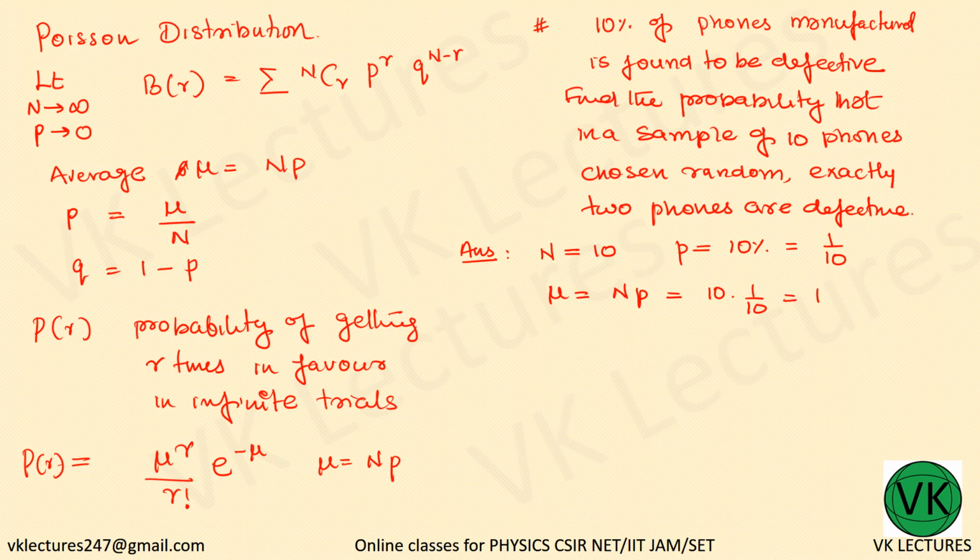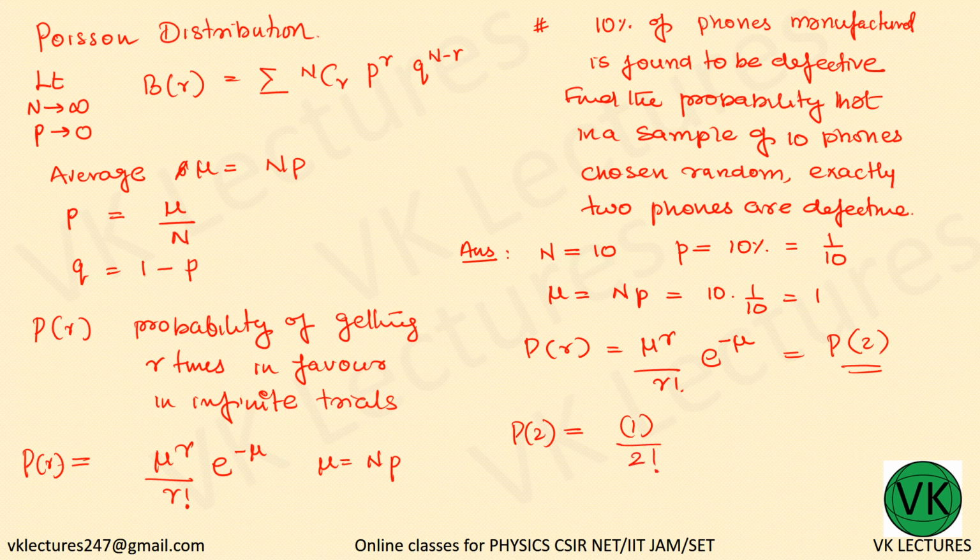Then p of r equals mu^r by r factorial into e^(-mu). Substituting, mu is 1, and we need r equal to 2, so p of 2 equals 1 divided by 2 factorial into e^(-1).